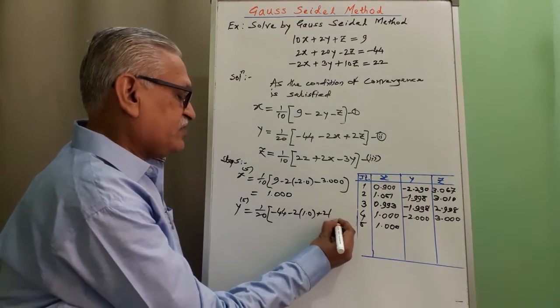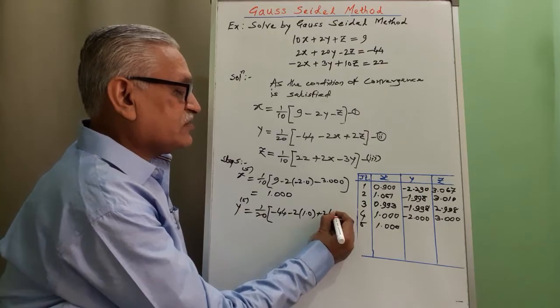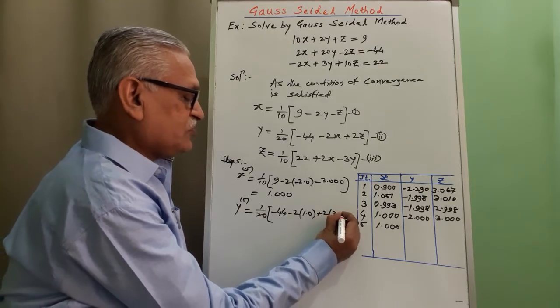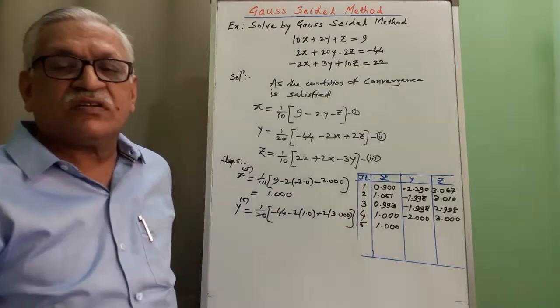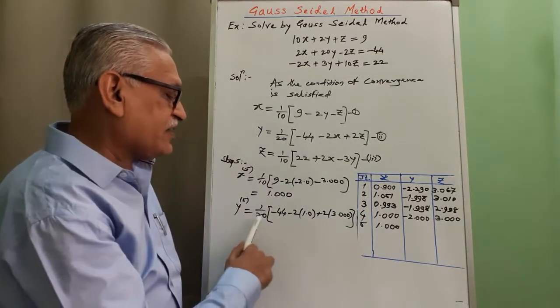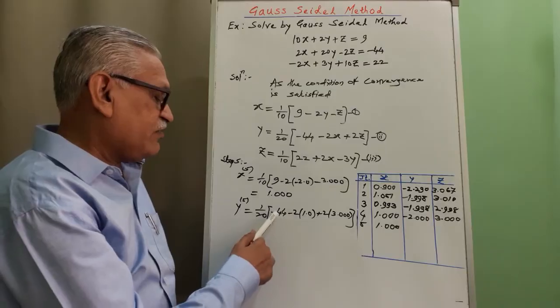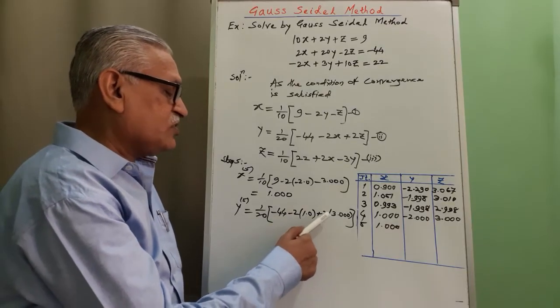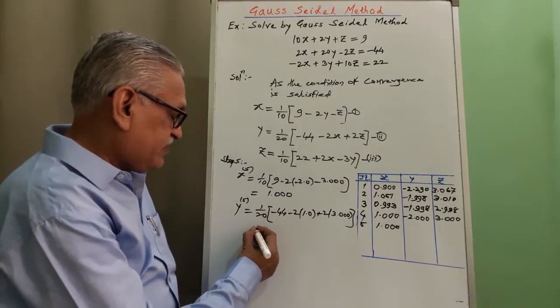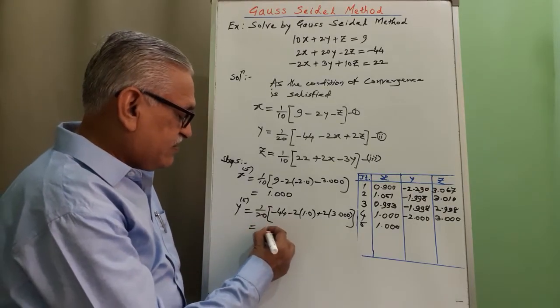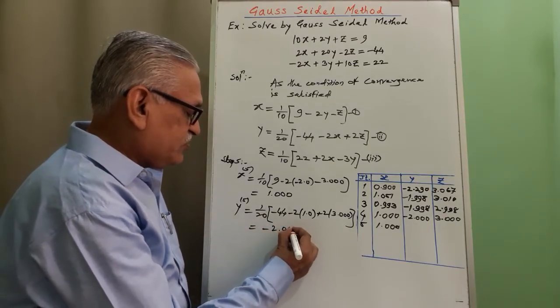The value of z is 3.000. Simplifying, it is coming as minus 2.000.